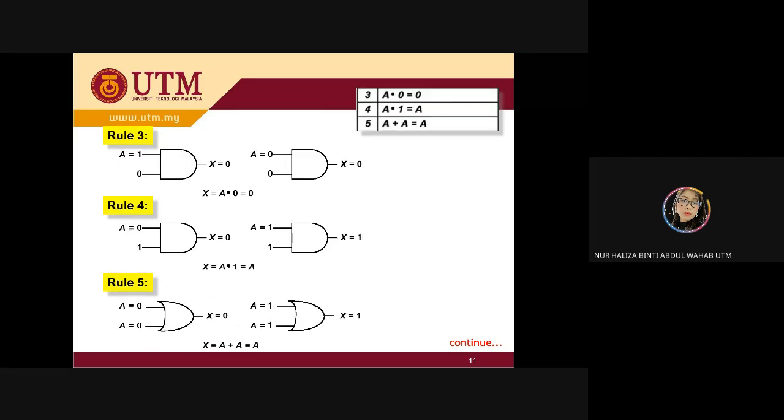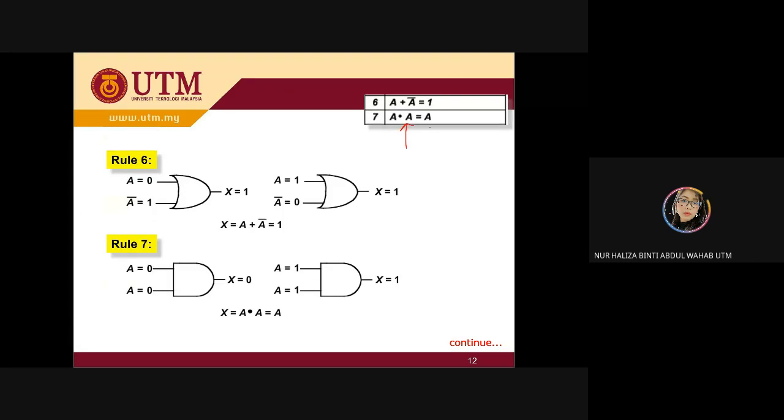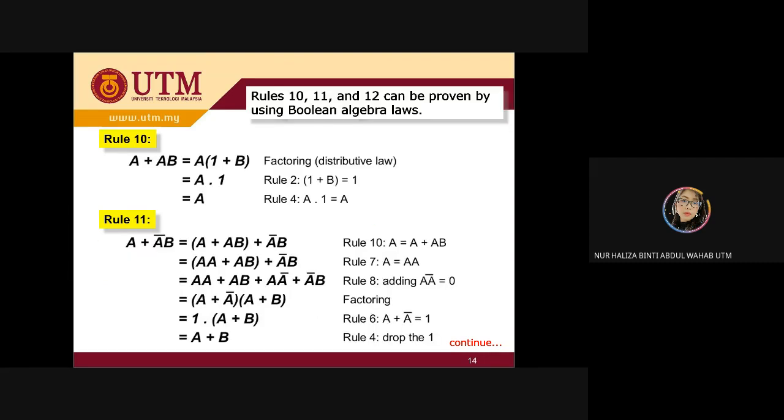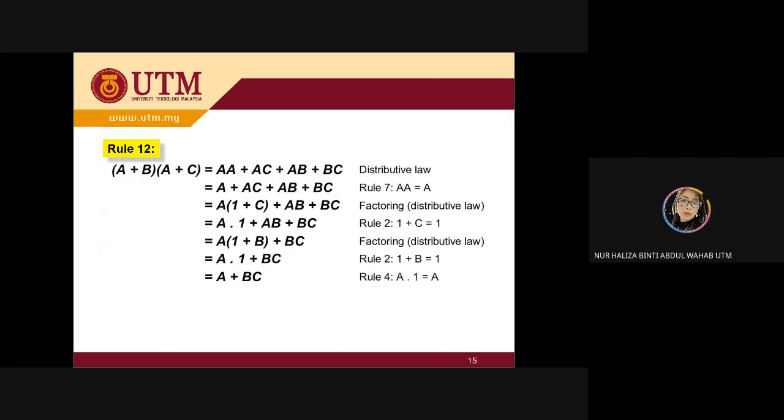Macam mana dia boleh muncul dekat situ, and why you need to know, oh okay, A dot A equals A. So we already proved that all the rules are true. And you have rules until 12, and I asked you to try to draw the circuit and try to do the truth table.